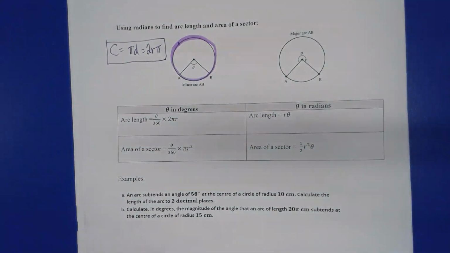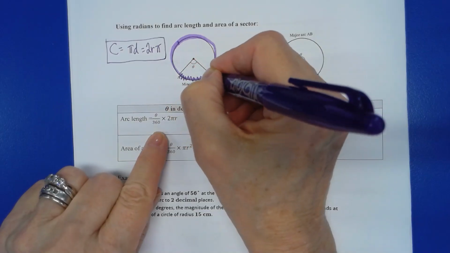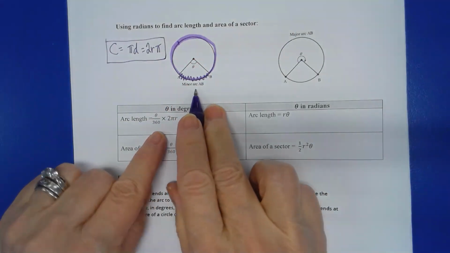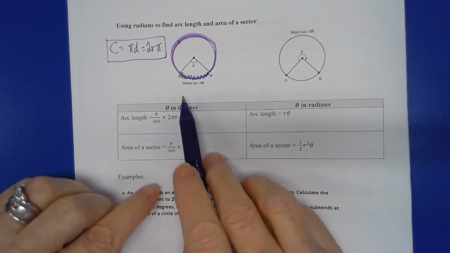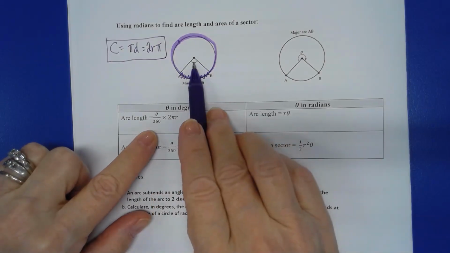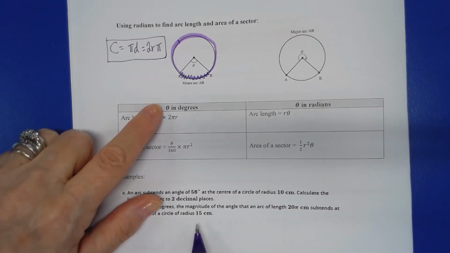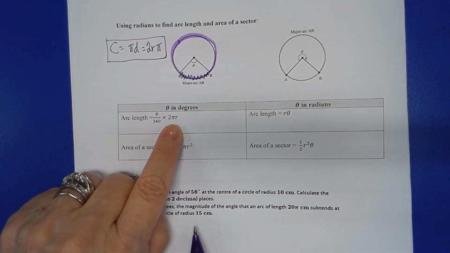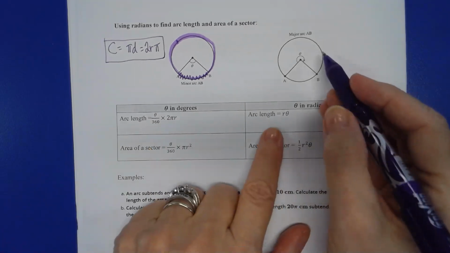So if I want just the arc length, I need to do just this fraction that I have. They call that a minor arc because it's just from an acute angle in the center. To find the minor arc, I'll do however big that angle is over 360, because that's the degrees in a circle. So that's the fraction of the circle I have, and then I'll multiply it times the circumference. Okay, so that's how I do that. Now, if I'm in radians, it's fantastic.